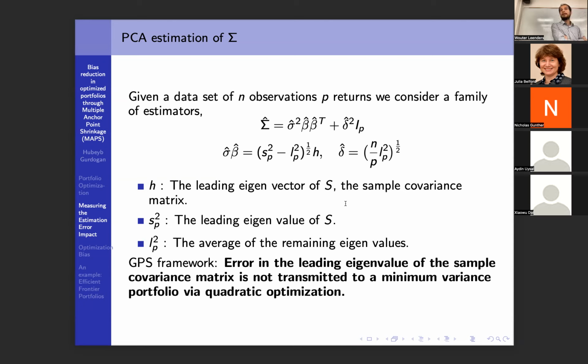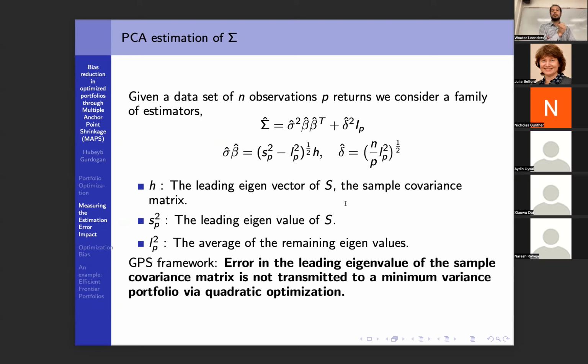Is that the right question? I'm talking about the projected volatility. For any portfolio, the wrong eigenvalue affects your projected volatility. How do you define projected volatility?